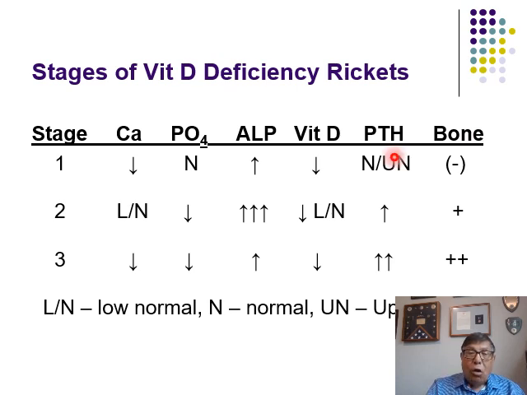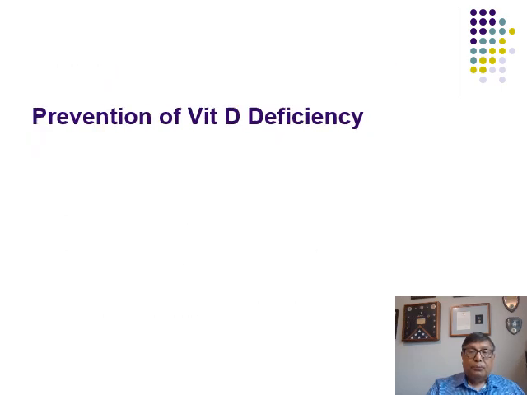As you can see, in all these stages, alkaline phosphatase will be elevated. So if you don't find alkaline phosphatase elevated, look for another cause. Partially treated rickets might confuse, but that is very common.